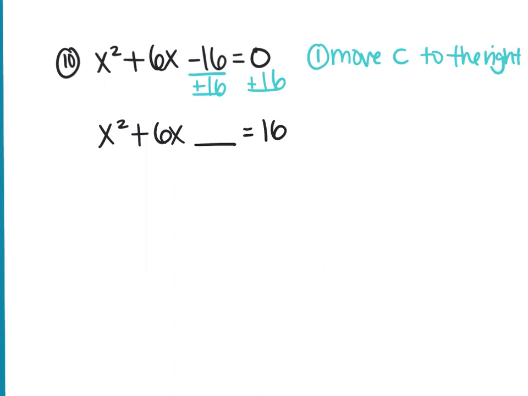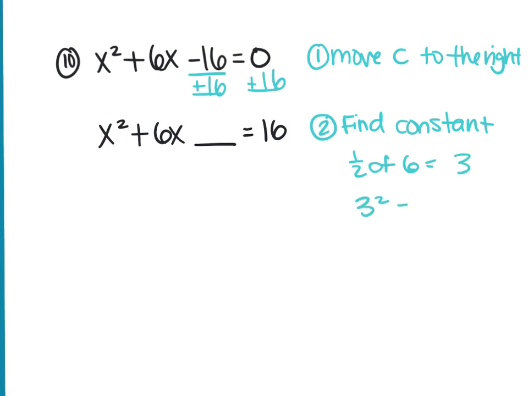All right, now do what you did on your Delta Math. So I'm going to find that constant, what they were asking about. So I do half of what's b? Yeah, okay, so half is 3, right? And then you square it. So 3 squared equals 9.